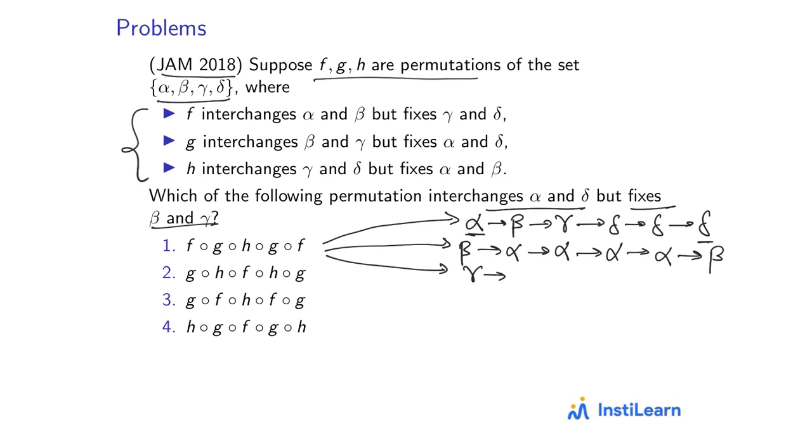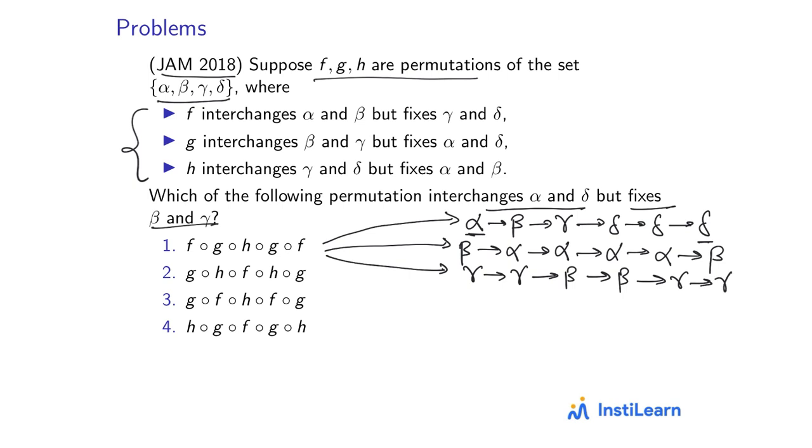And similarly you can see gamma. Under F, gamma is going to gamma itself, and then under G, gamma is going to beta. Under H, beta is going to beta, and under G, beta is going to gamma, and under F, gamma is going to gamma.